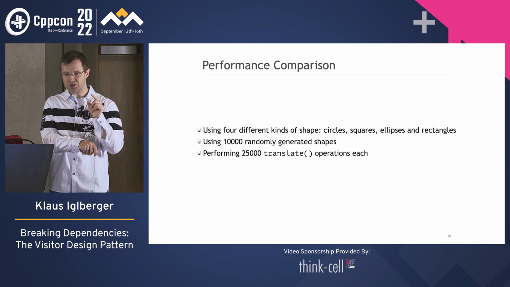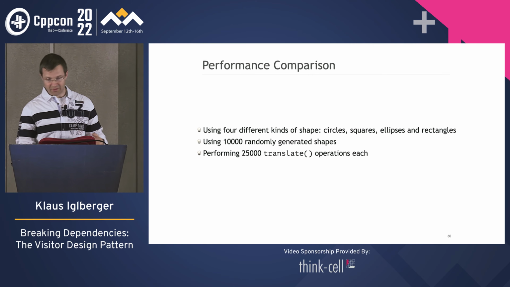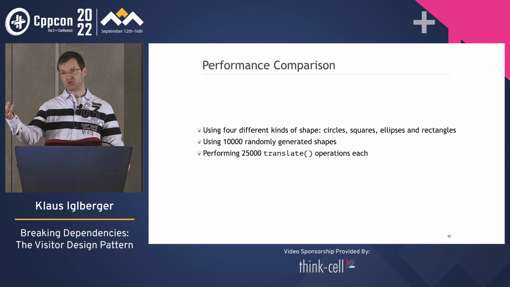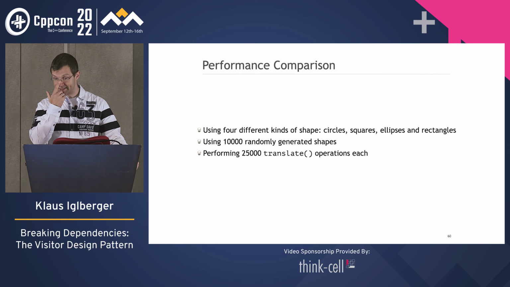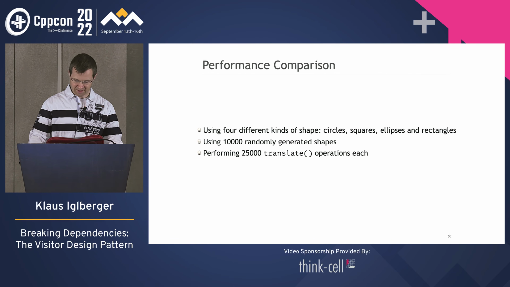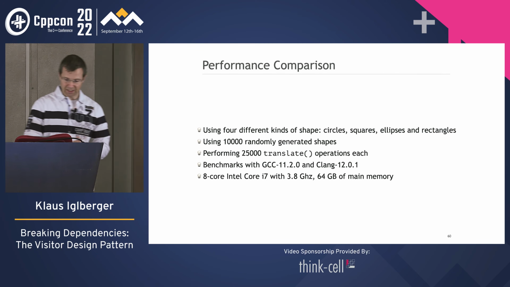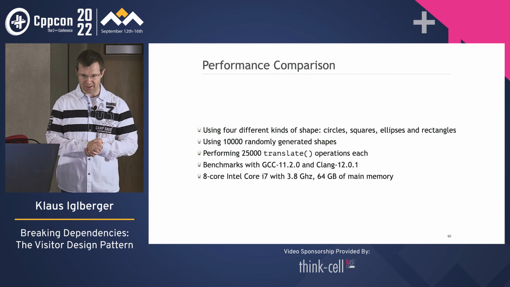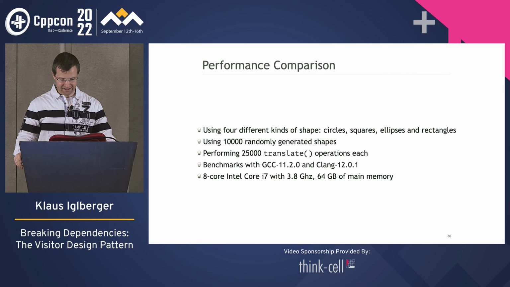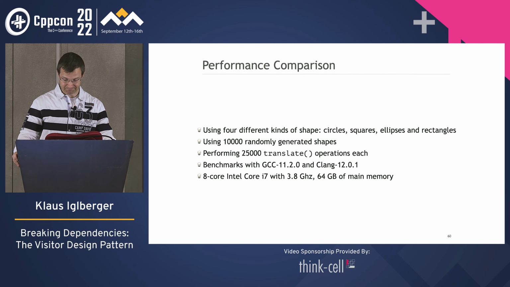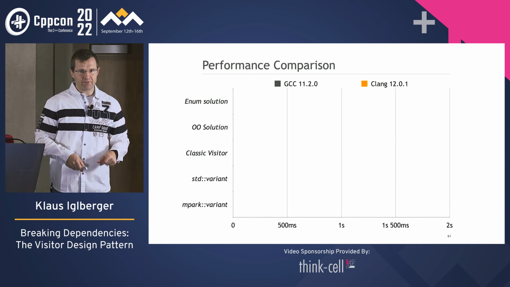It's so cheap that we actually see a difference in these different solutions. If I would use something that is very expensive, perhaps a draw, then the performance would be pretty much equal. So this is a pretty important decision. And I use these 2 compilers, and I additionally use this machine. So something that may be interesting for you. And I said, you will have a different machine, so you'll definitely get different results. But here we go.